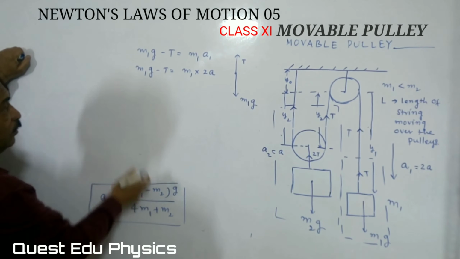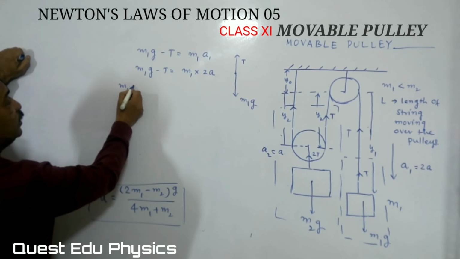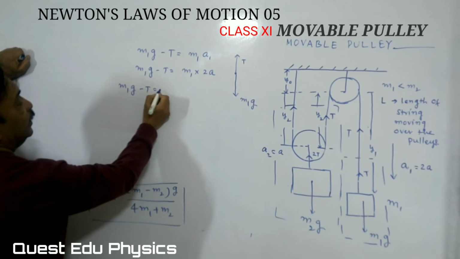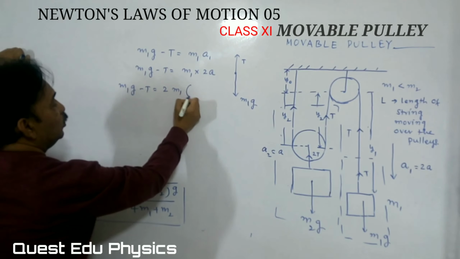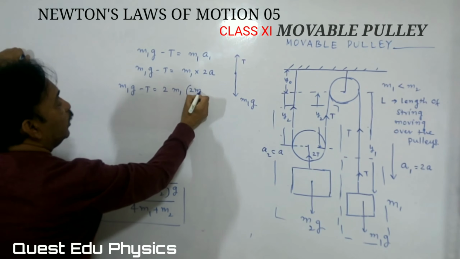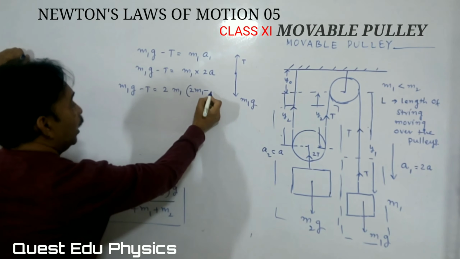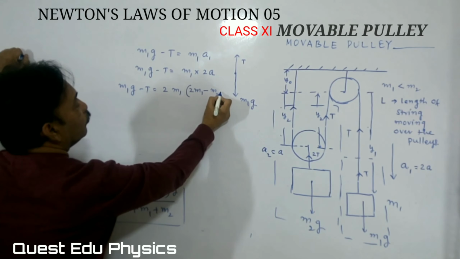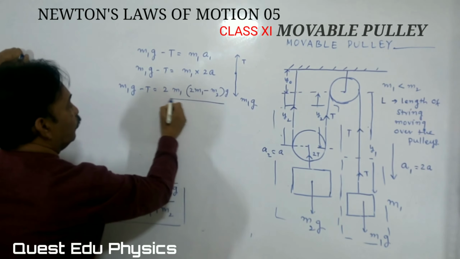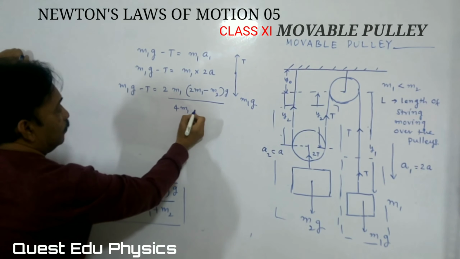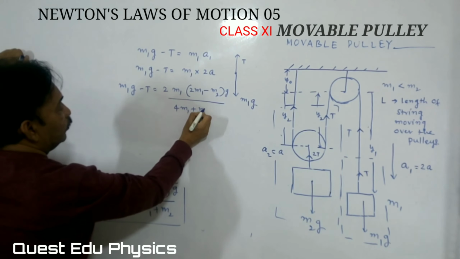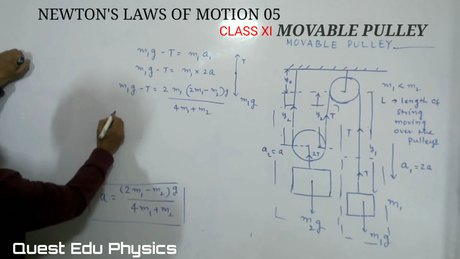We had the value of the A. It is M1G minus T is equal to 2M1 into 2M1 minus M2 of G whole divided by 4M1 plus M2. Okay, students?